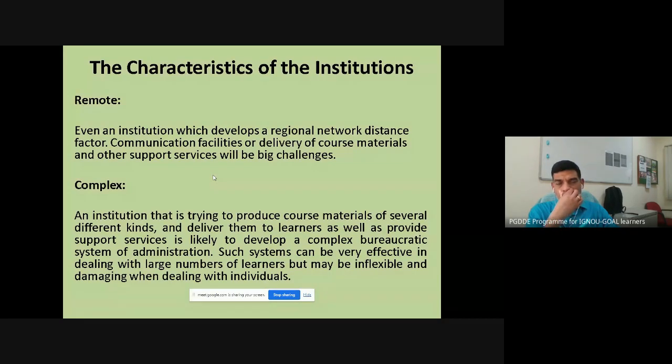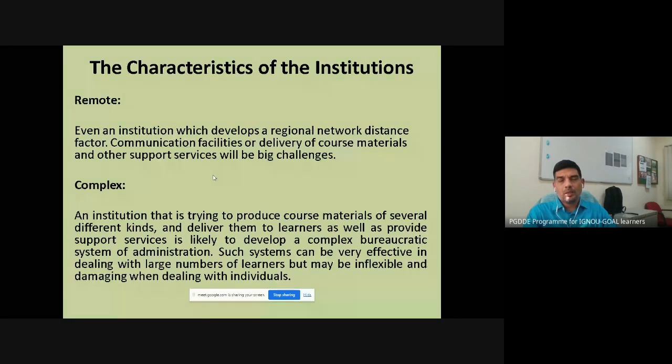Then, even when we are talking about the complex system of the institutions, there may be some bureaucratic structures. For example, in any university or institution, we can give an example that under the vice chancellor there may be some pro vice chancellors, and under the pro vice chancellors there may be many administrative heads of schools of studies, divisions, cells, units. Okay, and under each unit there may be the unit head or division head or the school head.